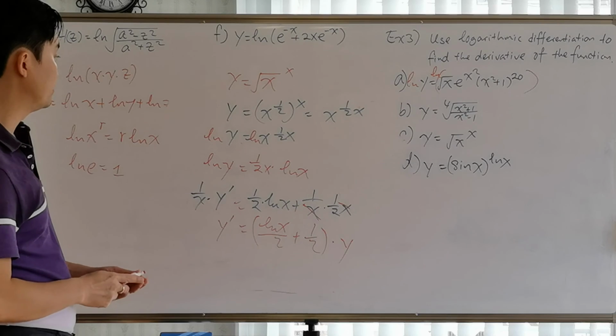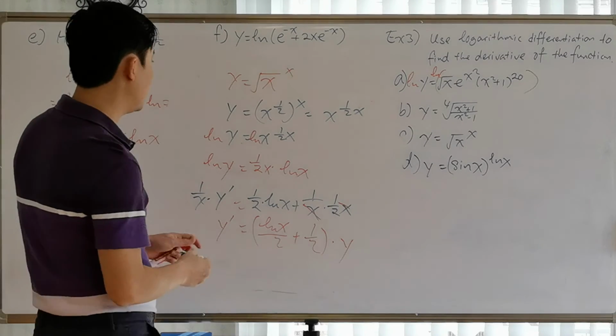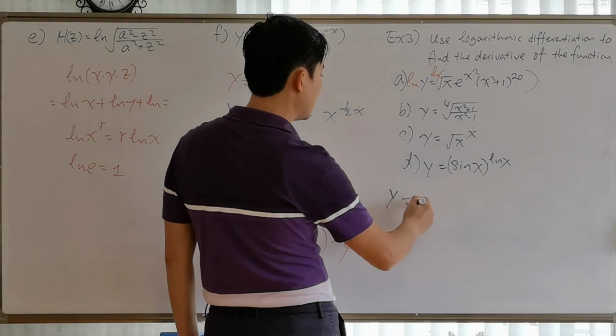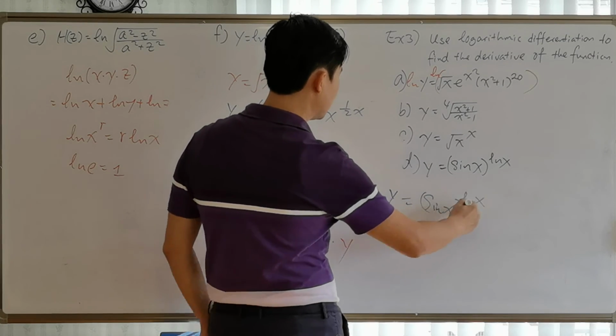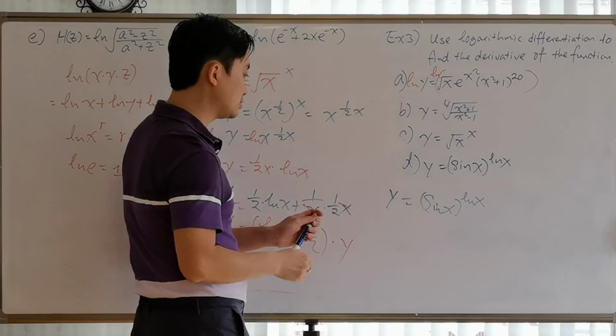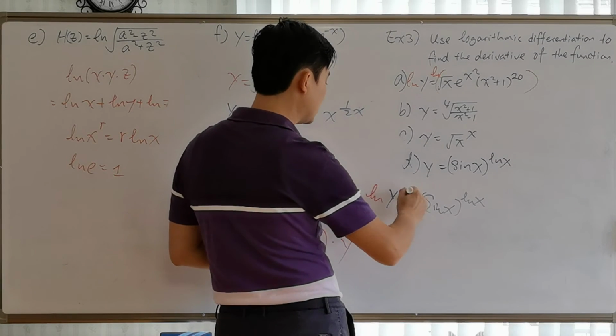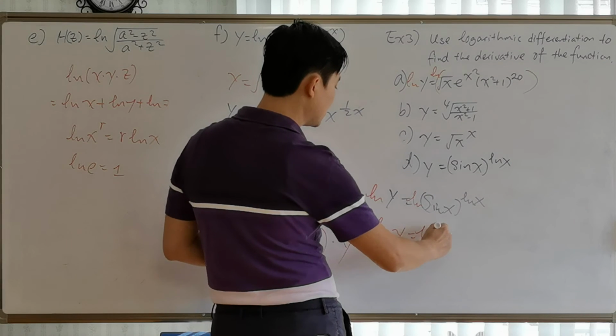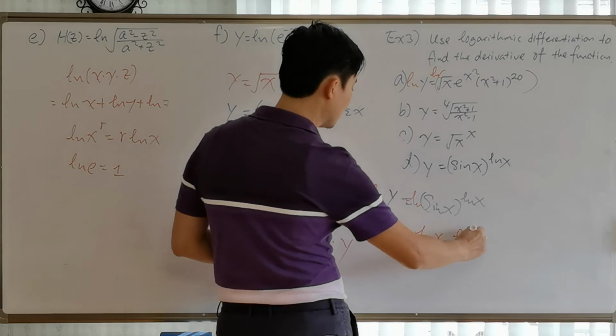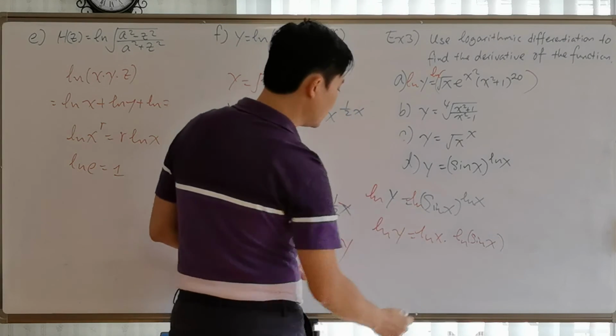Okay, so it's pretty straightforward. And then the last one is quite similar: y equals sine of x to the power of natural log of x. In order to bring down the natural log of x, we take the natural log on both sides. So natural log of y equals natural log of x times natural log of sine of x.